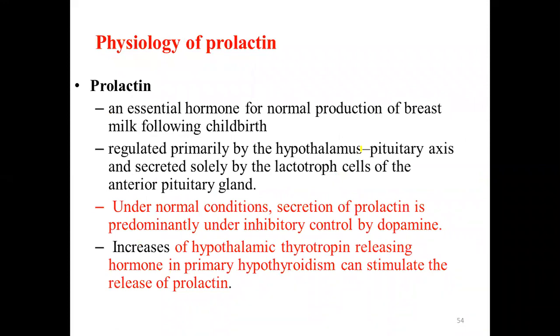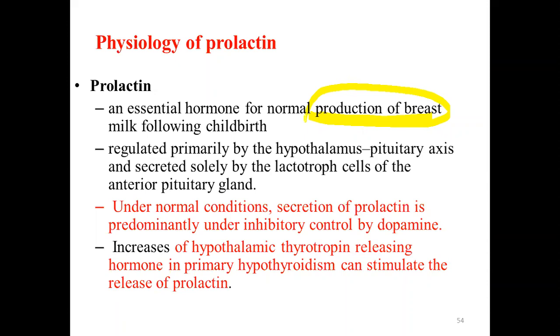When you look at the physiology of prolactin, prolactin is a very essential hormone, mainly for production of milk during childbirth. That is the principal role of prolactin. Of course, it has a role in mammary gland development as well as breast engorgement.